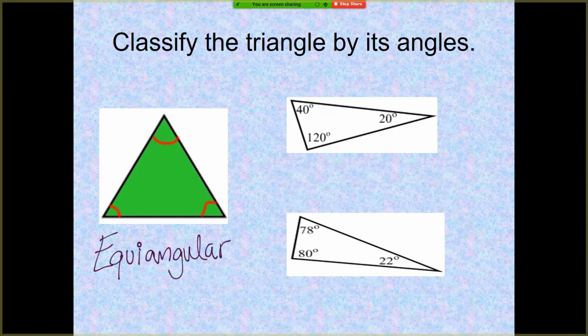If I move to the triangle on the top right, I have 2 acute angles and 1 obtuse angle. Since I have 1 obtuse, that makes this obtuse. And then the one on the bottom right-hand side, we have angle measures 78, 22, and 80. All of them are acute angles, so this is acute.